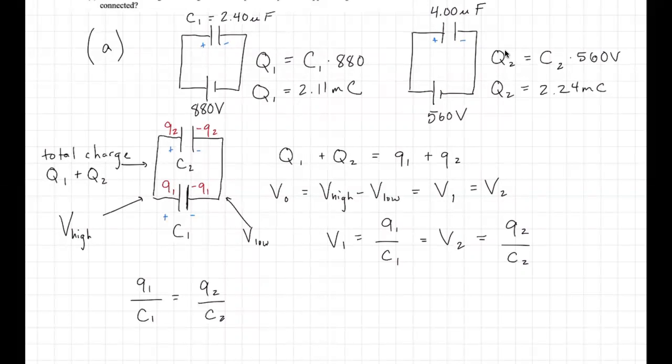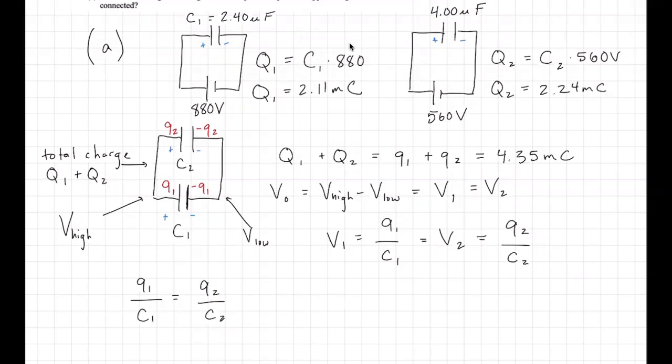But I also know that Q1 and Q2 add up to something. So if I add up Q1 and Q2, so big Q1 and big Q2, that's 4.35 millicoulombs. So I can substitute in for, let's say, Q2.